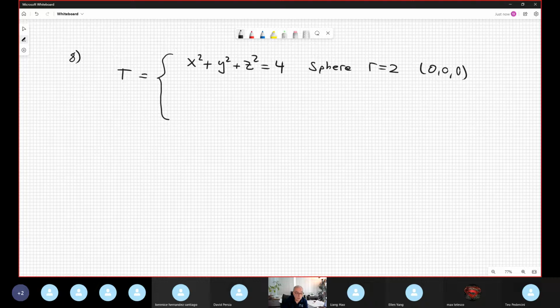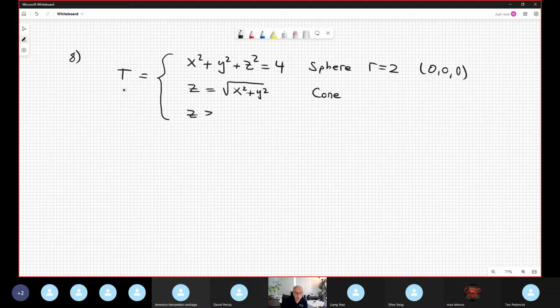And the cone is square root of x squared plus y squared. Do you understand very well what a cone is? But is this a full cone or semicone? And what part, the top part or the bottom part? Top part.